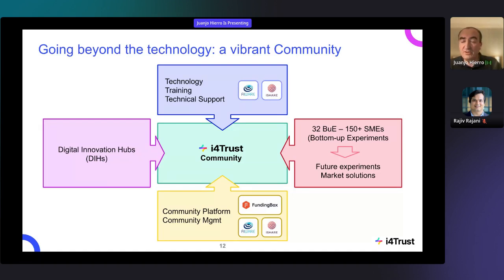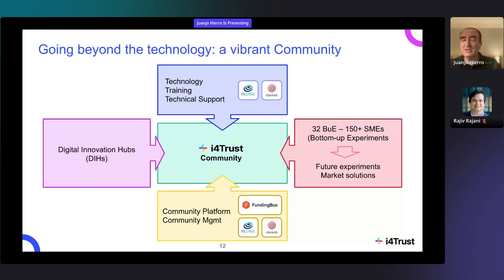engage more than 150 SMEs. And we are also engaging with a number of digital innovation hubs. So far, more than 40 digital innovation hubs are engaged in i4Trust.